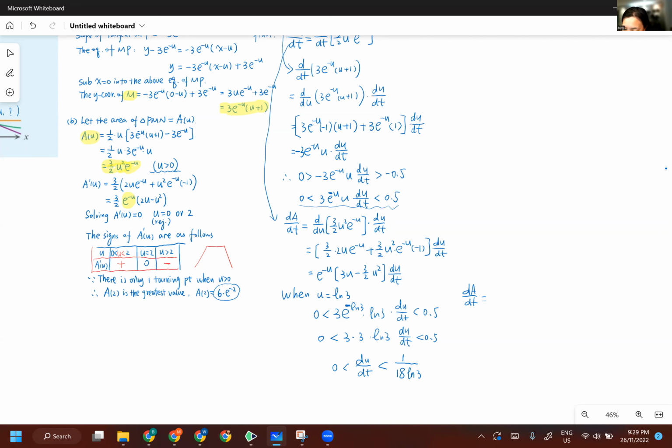Negative u is 1/3. So only 2 log 3. Sorry. I always just forget to write the negative sign. Now this is 2 log 3 there.